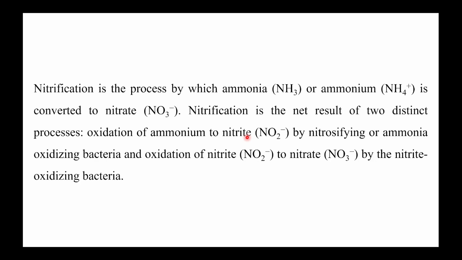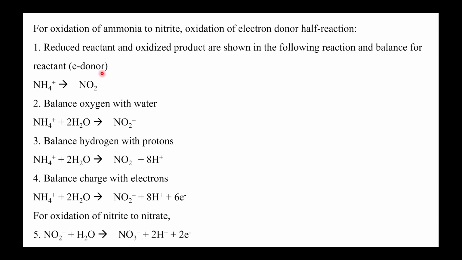So nitrification of ammonia basically means the oxidation of ammonia into nitrite first, and then further oxidation into nitrate. Okay, so the number of electrons that are required for the whole process, how will we calculate? This is the first reaction that is happening, ammonia to nitrite.